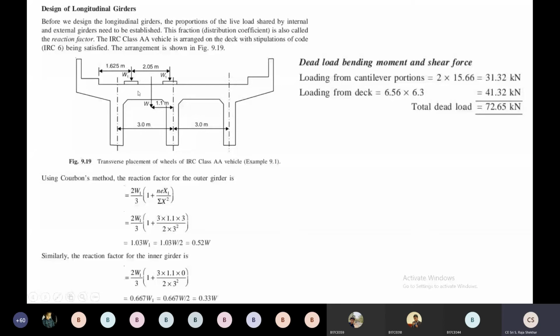This total load will be considered as the dead load for this longitudinal girder. The dead load we calculated, the total dead load coming onto the longitudinal girder, is 72.65. Okay, 72.65 is the load.